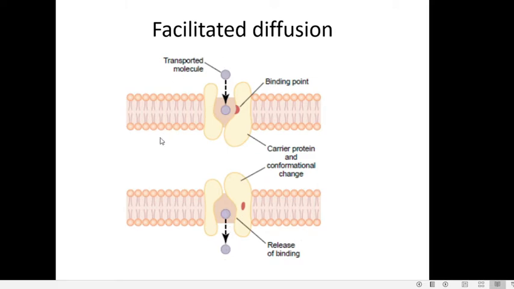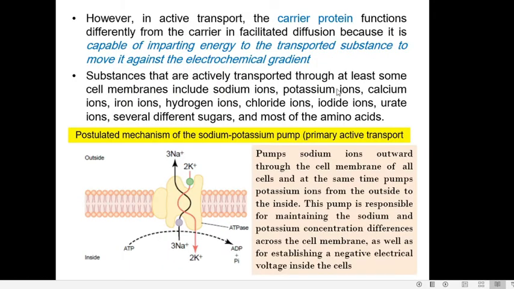So here there is no ATP hydrolysis, but in active transport, this carrier is capable of imparting energy to sodium to move outside against the concentration gradient, and potassium to move inside against the concentration gradient. So that is the difference between the carrier proteins involved in active transport and facilitated diffusion.